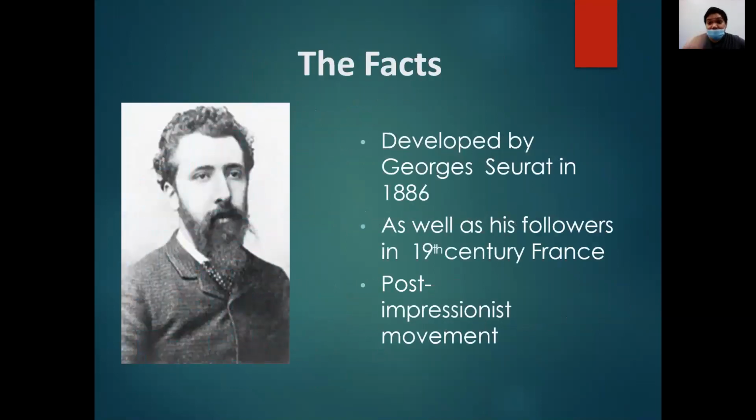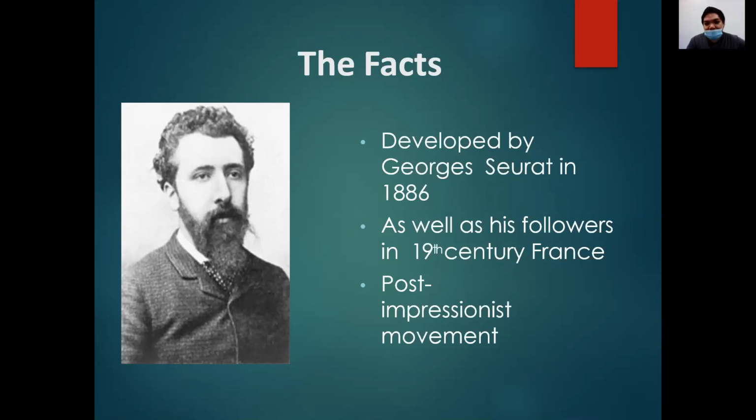Then who popularized or developed pointillism? It was Georges Seurat in 1886 in France, in the 19th century, during the post-impressionist movement. So Seurat started and coined the word pointillism. He used stippling as the primary base in his painting, and later on it was developed into colorful dots.